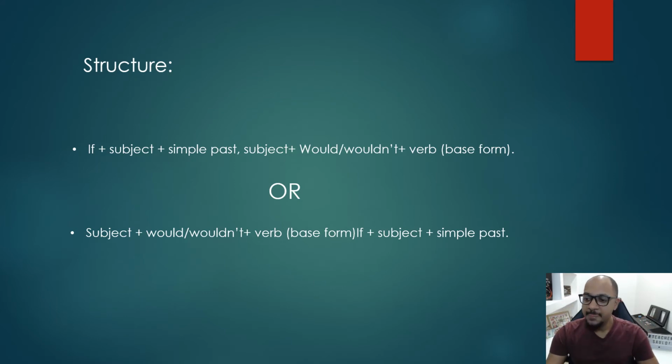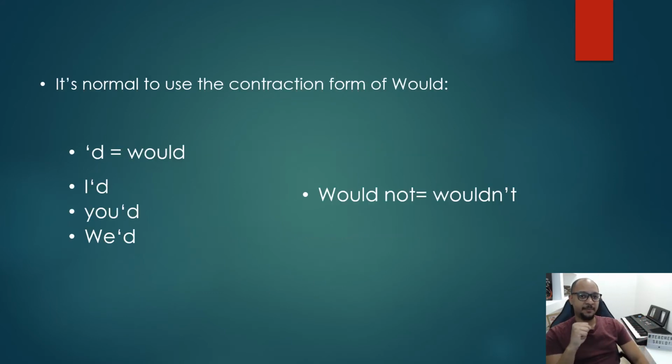Good. Now, in the next step, it's normal to use the contraction form of would. It's pretty normal. We just put apostrophe D. It's equal to would. We can do it with I'd, you'd, we'd, they'd.